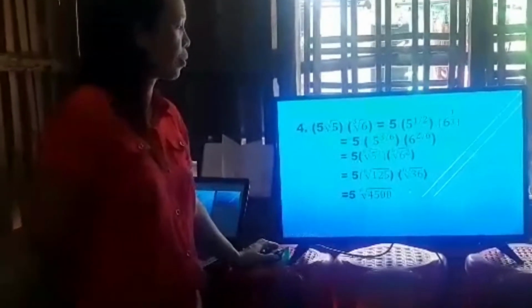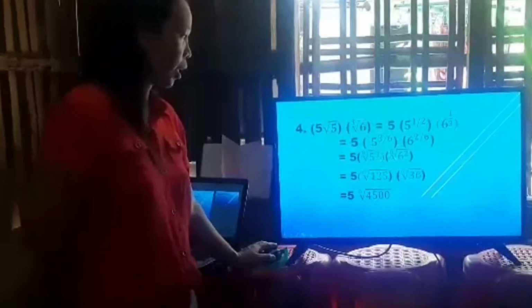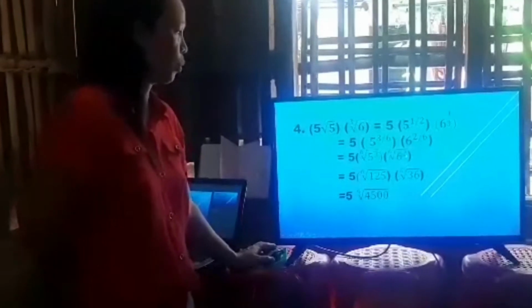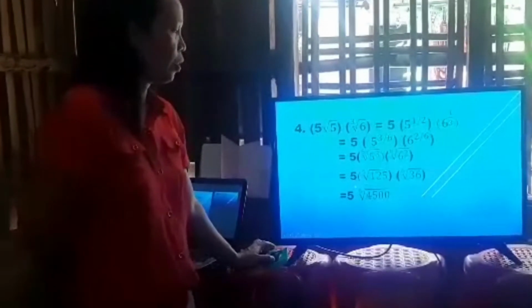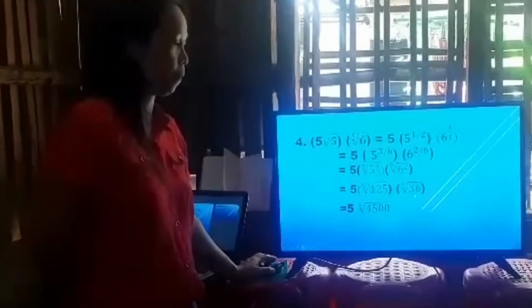We have 5 times the 6th root of 5 to the exponent 3 times the 6th root of 6 to the exponent 2. So we have 5 to the 6th root of 5 to the exponent 3 is equal to 125. And the 6th root of 6 to the exponent 2 is equal to 36.